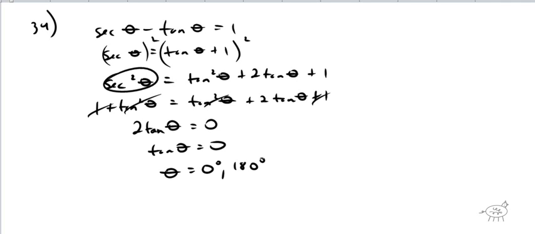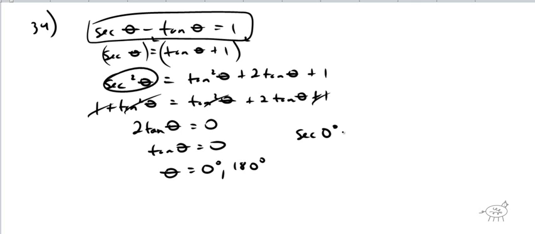Now I squared the terms, so I've got to plug both of those back into the original problem. That's really important. If I do secant of 0 minus tangent of 0, that's got to equal 1. Well, secant is the reciprocal of cosine. Cosine of 0 is 1, so the reciprocal is 1. Tangent of 0 is 0, so it does. 1 equals 1.